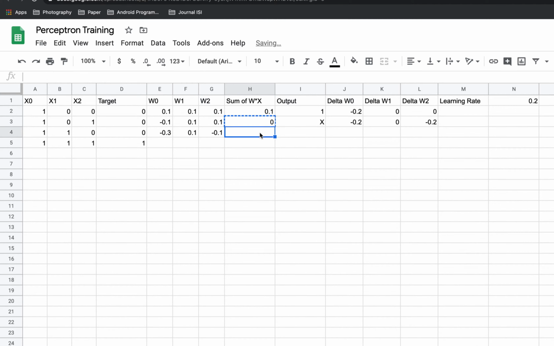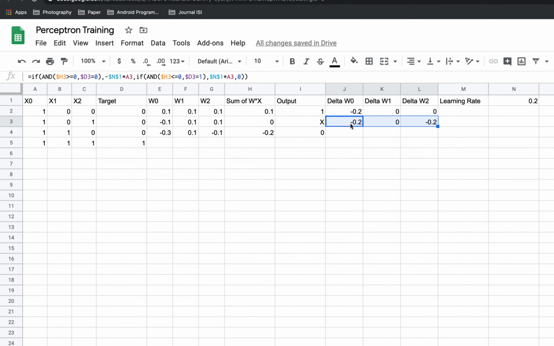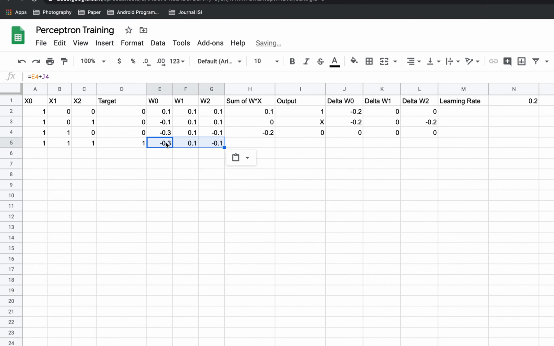And we can copy it again here. The summation is minus 0.2, that is less than 0, right? So output is 0. In this case, the target is 0 and output is 0. Okay, it's fine. The delta of all w should be 0, and the weight does not change.